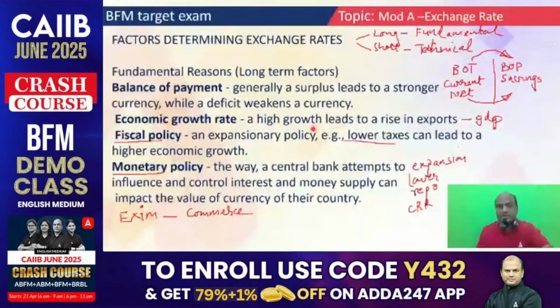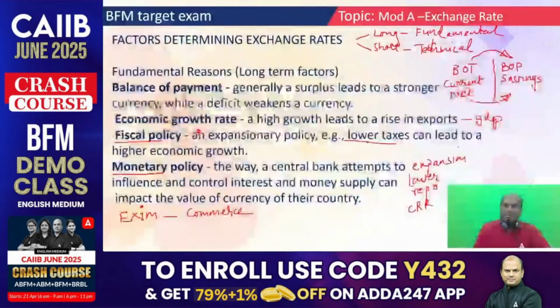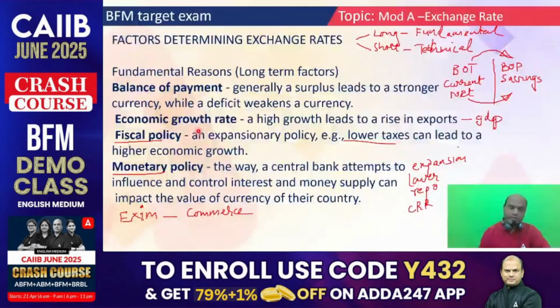Fiscal policy. Fiscal policy means, see this, there are three policies. Kindly note. One is fiscal, second is exim, third is monetary. Exim policy is not that much important now from our BFM point of view. Fiscal and monetary are very important.